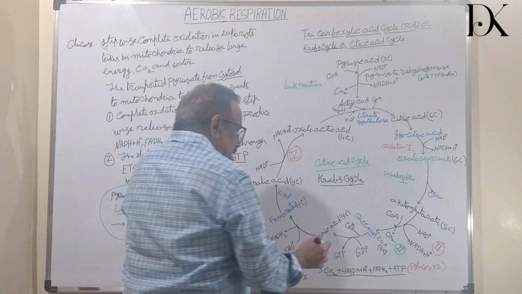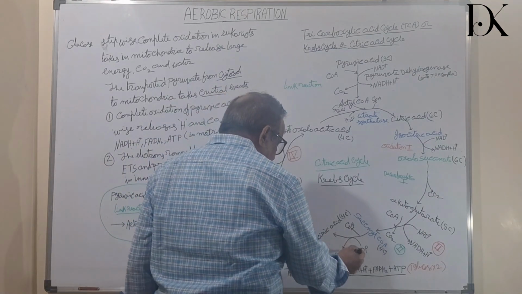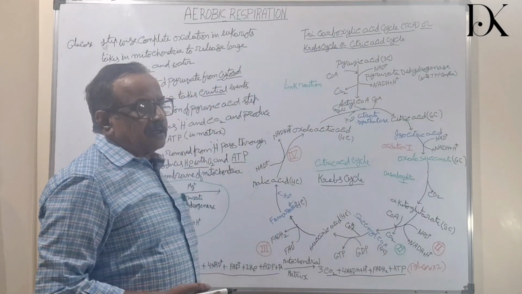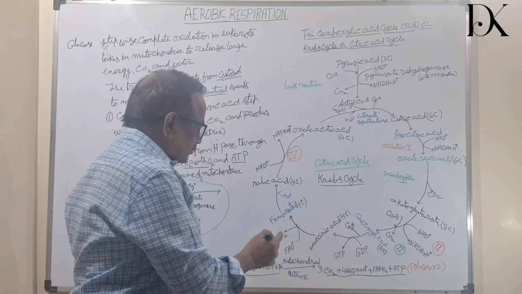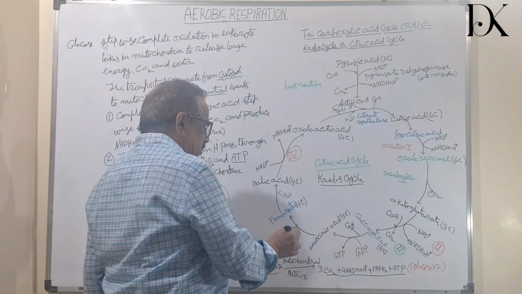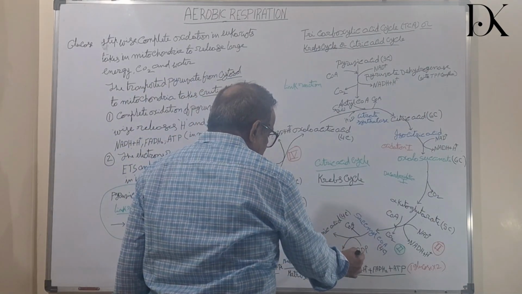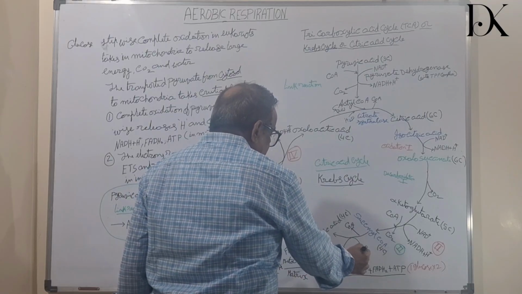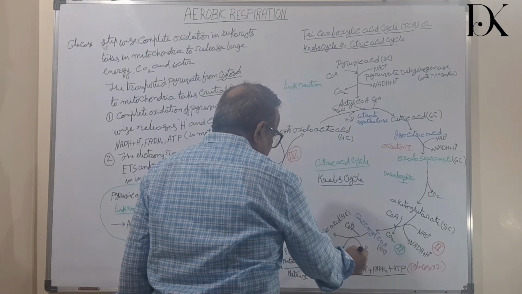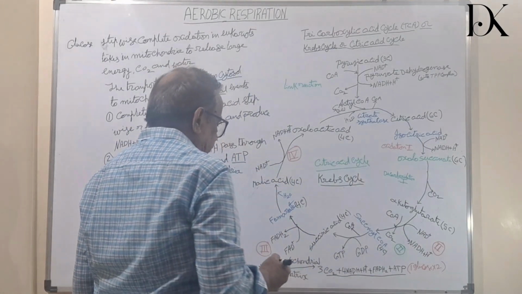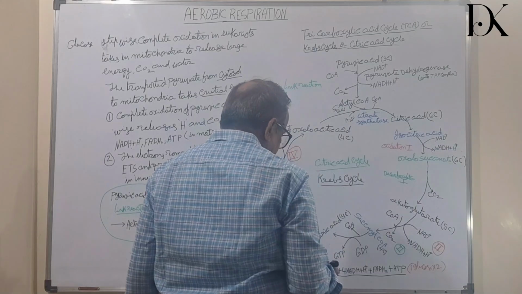That energy converts GDP to GTP. GDP means guanosine diphosphate, guanine dinucleotide phosphate.